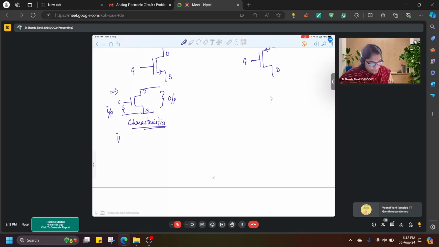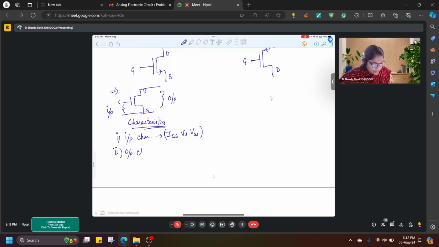First, input characteristics: input voltage versus input current, so here it is IG versus VGS. Second is output characteristics: output current versus output voltage, so IDS versus VDS.